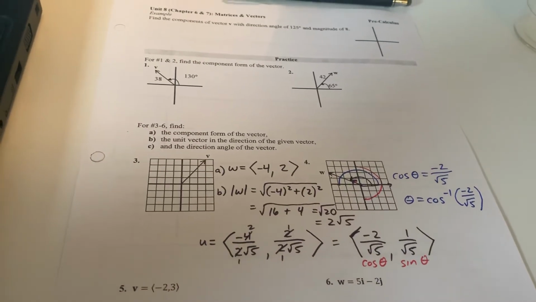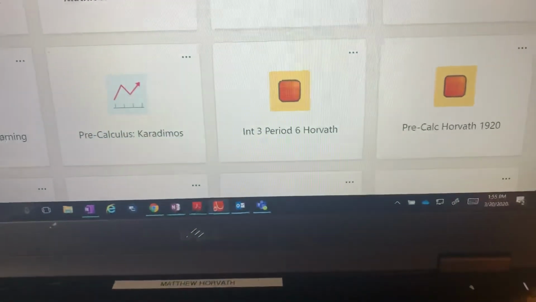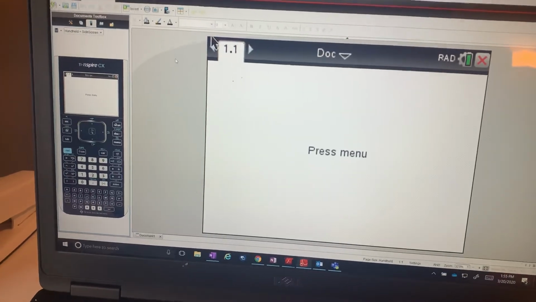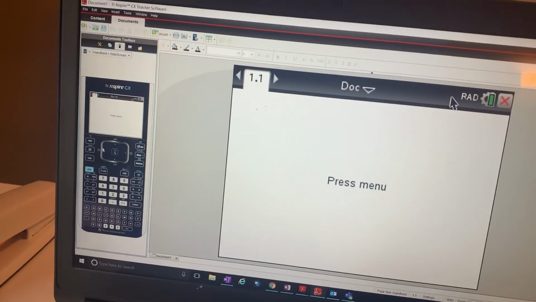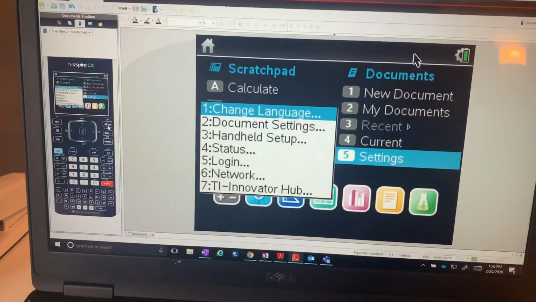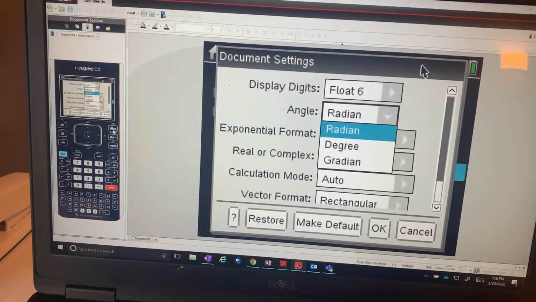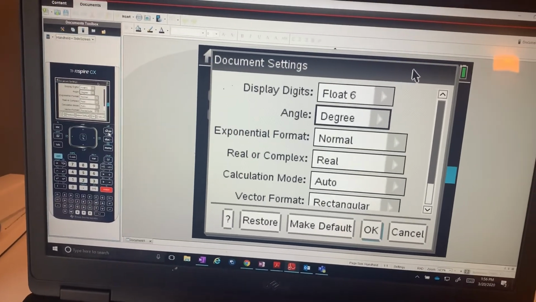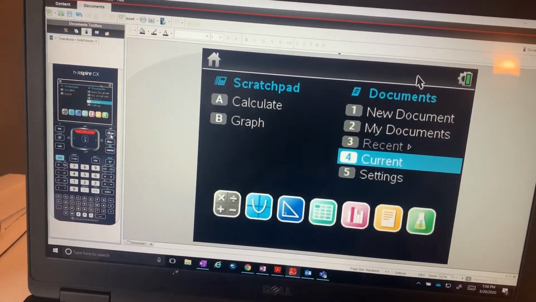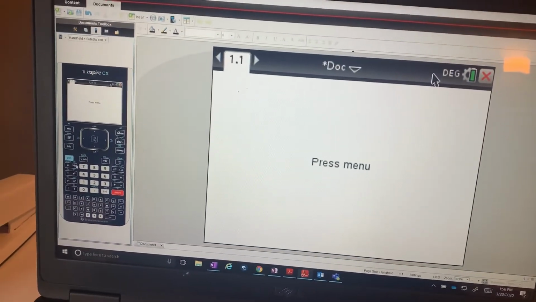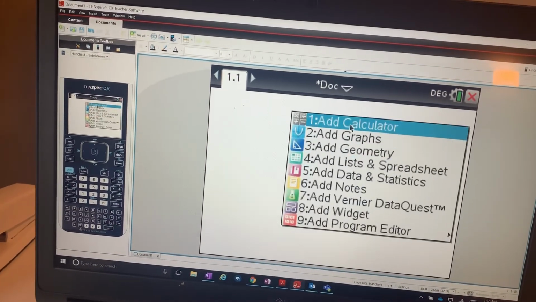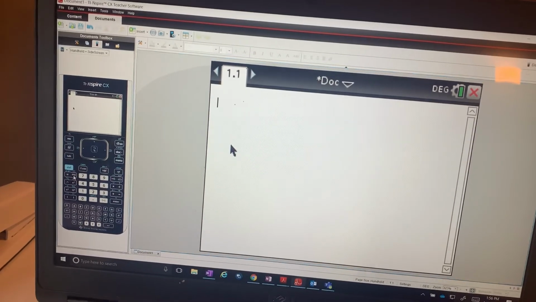I'm going to go to the calculator screen now. I'm in radian mode, so I'm going to switch that. We need a calculator page.